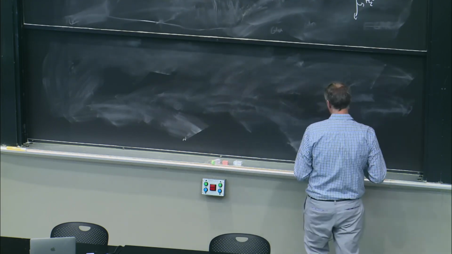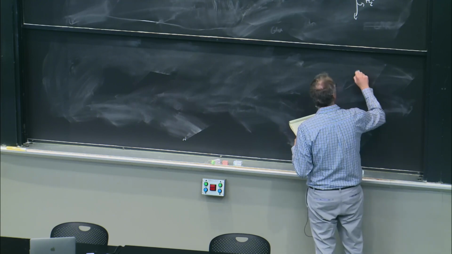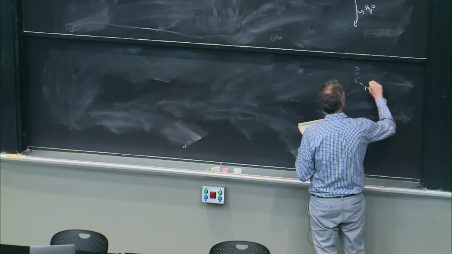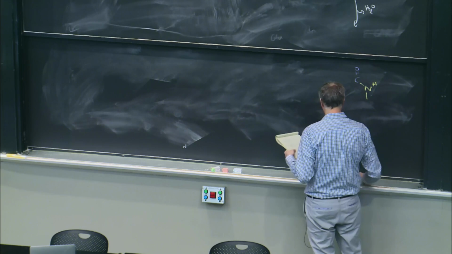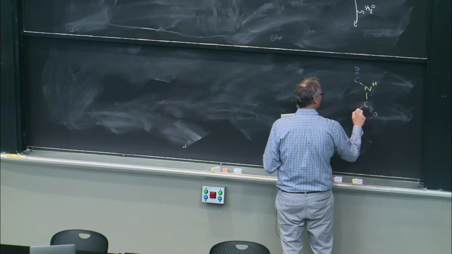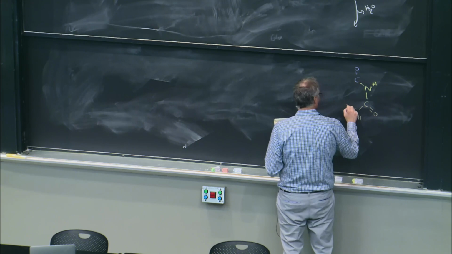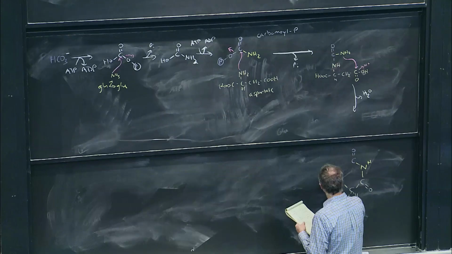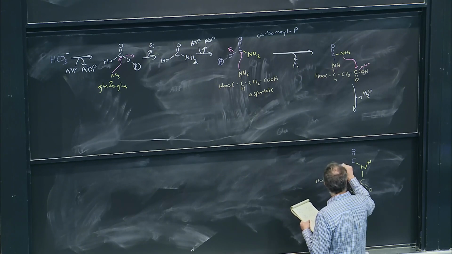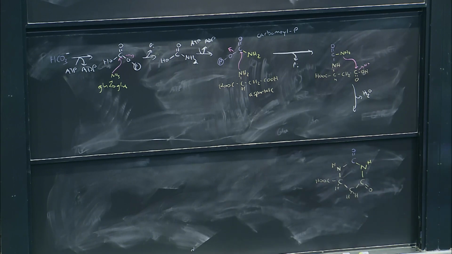And then we end up with a molecule that looks like the familiar ring structure for a pyrimidine shown here.